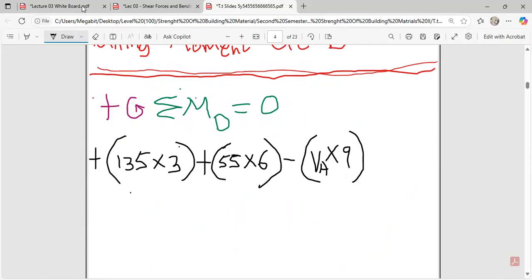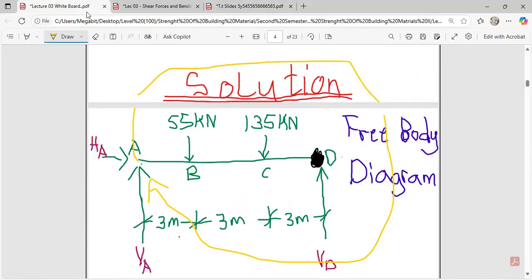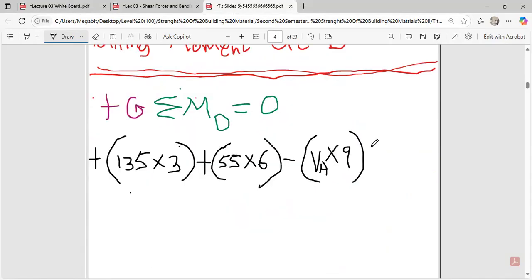Because it is moving towards the right hand side, it is going to be positive. It is going to become plus HA times 0, all equal to 0.